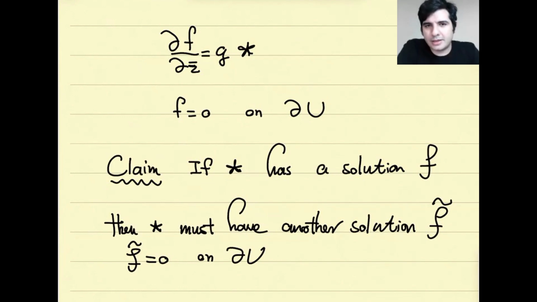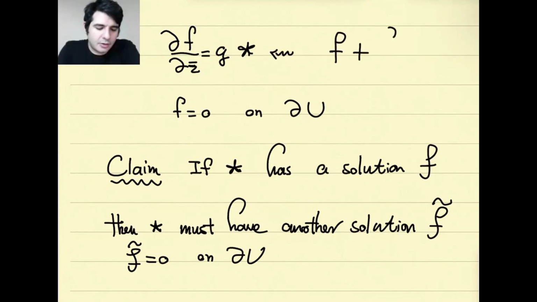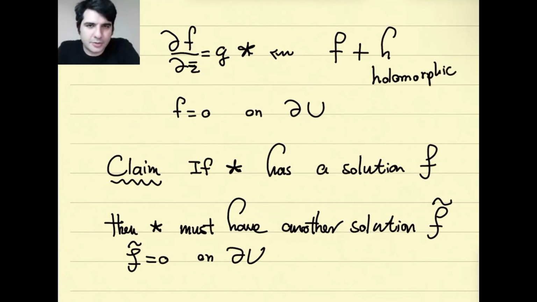This goes back to our uniqueness discussion. If this equation has a solution f, remember, if I add any holomorphic function h to this, it would be another solution. So if the function f itself does not vanish on the boundary, I can always find a holomorphic function so that the value of f plus h would be zero on the boundary.